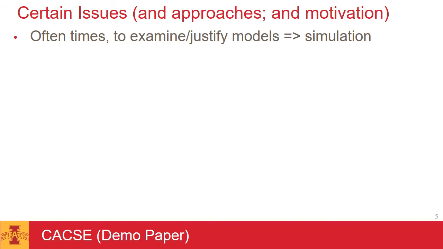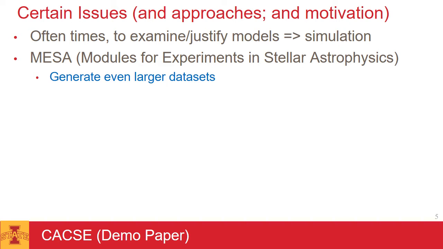Now, oftentimes, what physicists do when they want to examine the models to justify them, they use the limited observational data and they resort to simulations. One of the most popular simulators in the astrophysics community is MESA, Models for Experiments in Stellar Astrophysics.